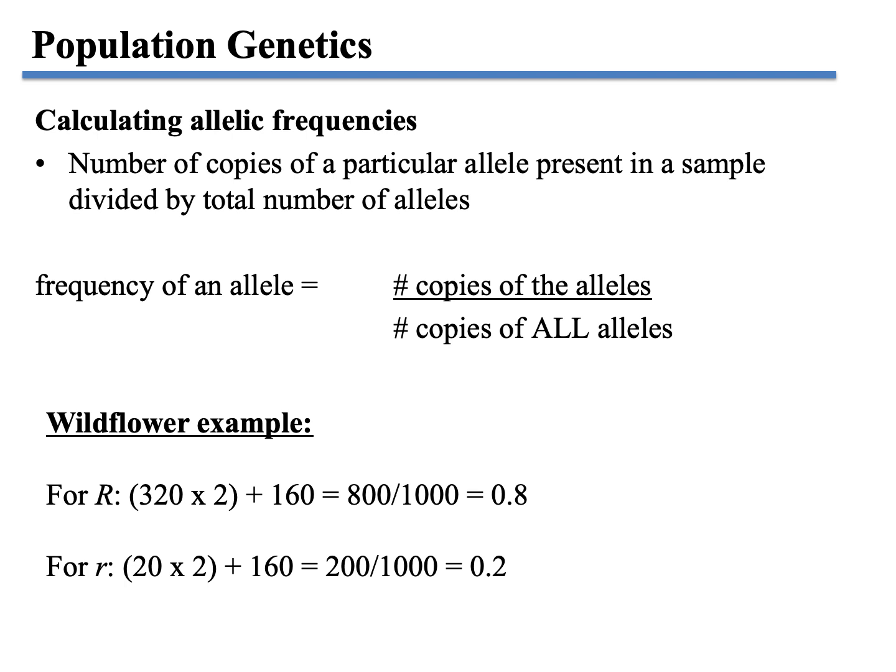We also have to account for the recessive alleles present in heterozygous individuals, which would be 160, which is a total of 200 recessive white alleles divided by 1,000 total alleles in the population for flower color, which is equal to 0.2.